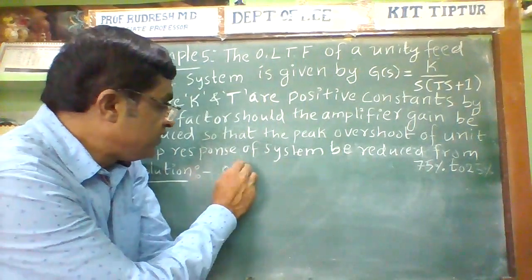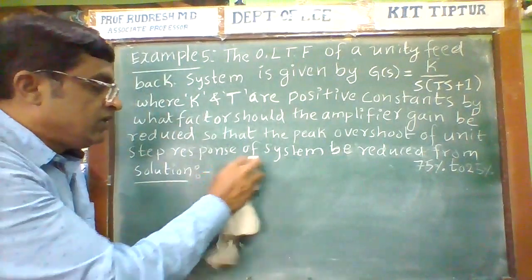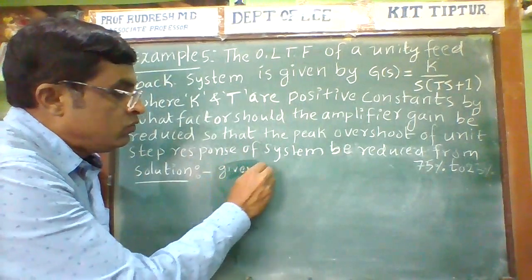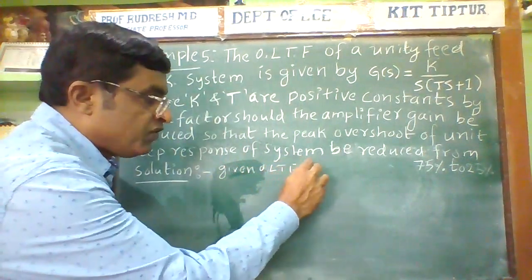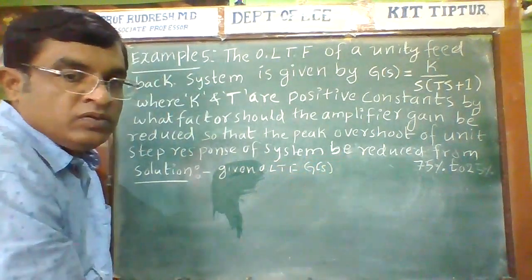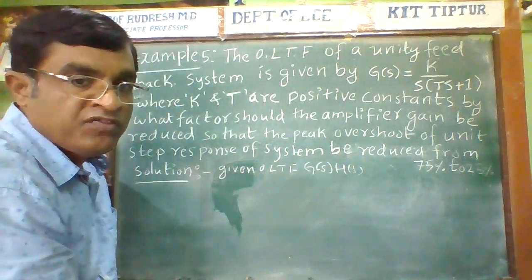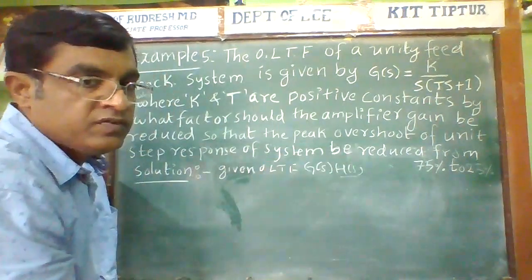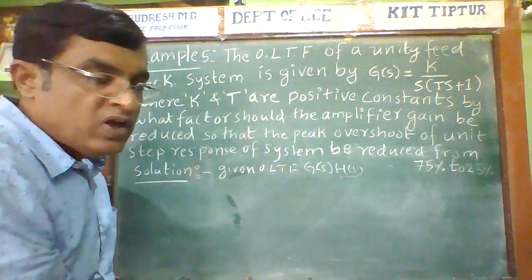The open loop transfer function is usually the product of G(s) into H(s). So for a unity feedback system, therefore, H(s) is equal to 1.